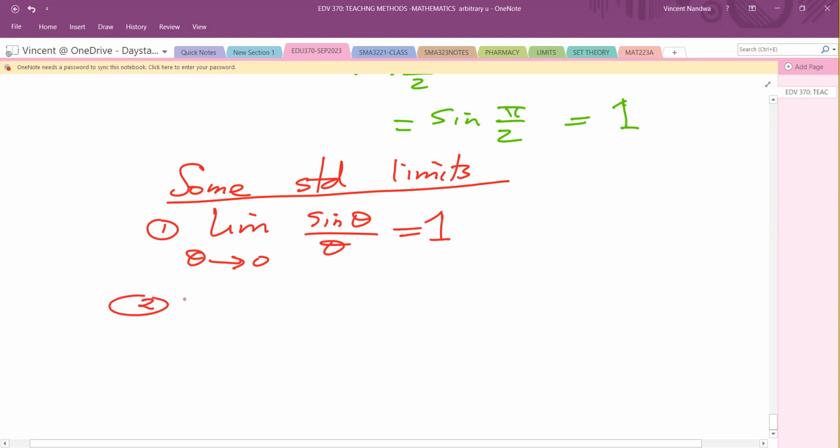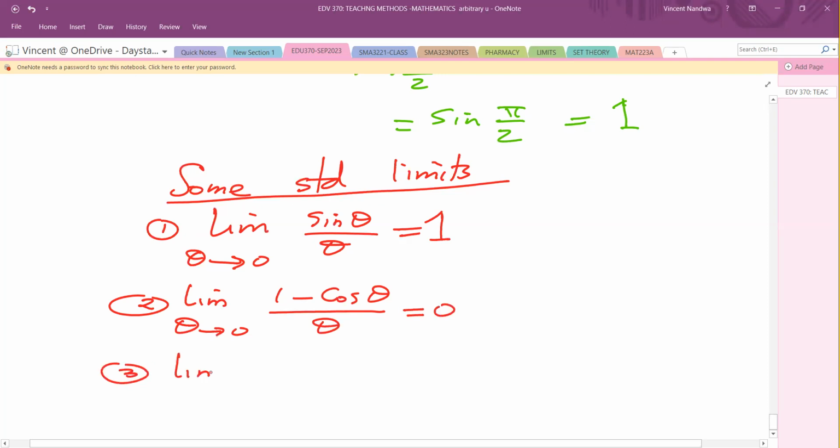Then number 2, limit as theta approaches 0 of 1 minus cos theta divided by theta is 0. Limit as theta approaches 0 of cos theta minus 1 over theta is also 0.